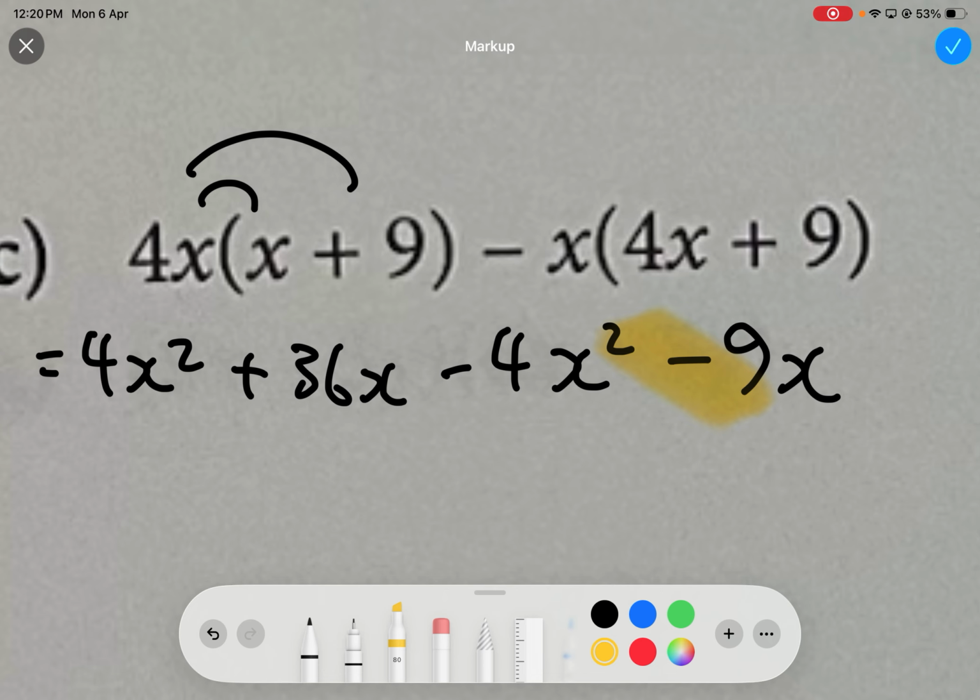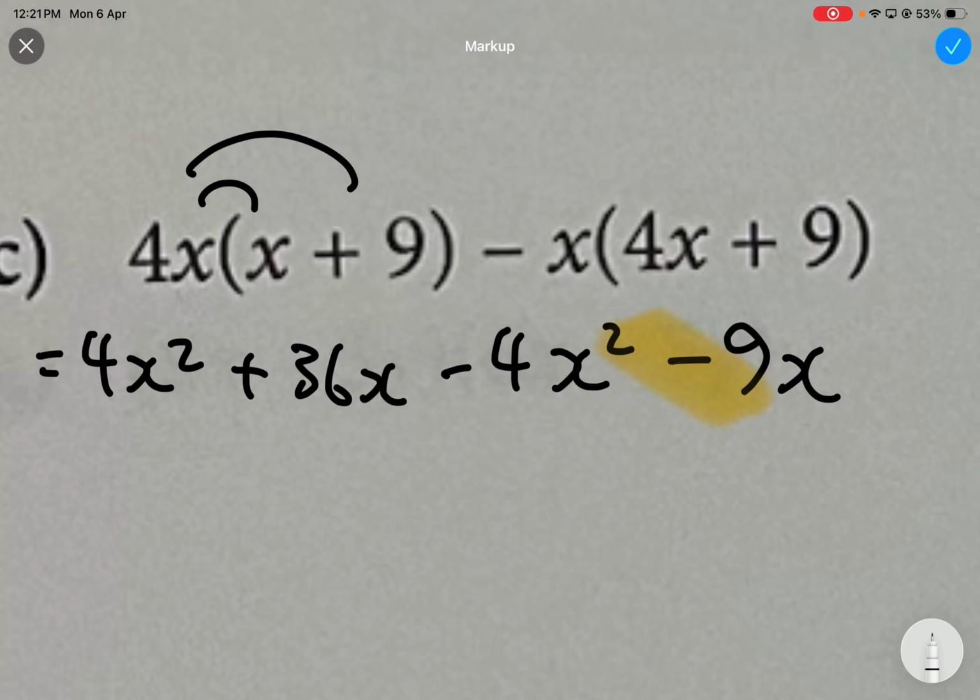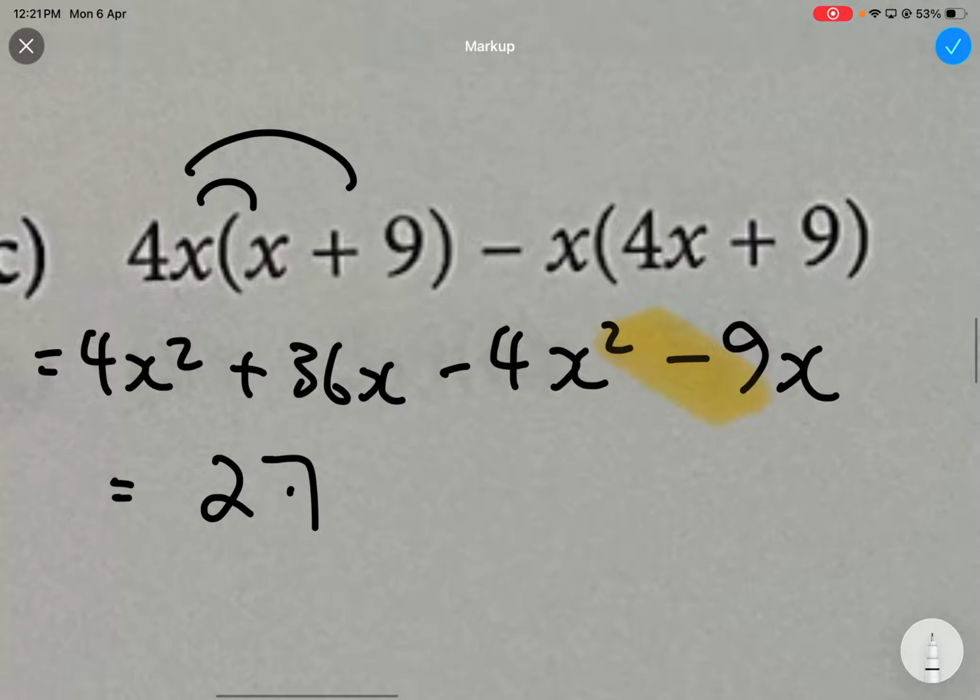This negative will change the sign of this second term over here, which is what a lot of students always miss out. Always never change the sign of the second term. Okay, then after that, we add them together. 4x squared minus 4x squared, no more x squared. 36x minus 9x, 27x. Got it?